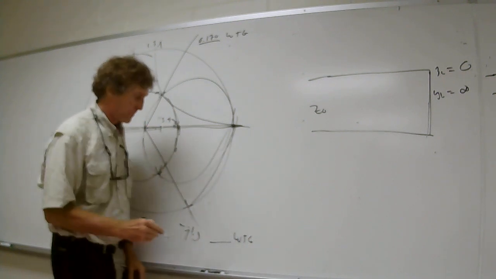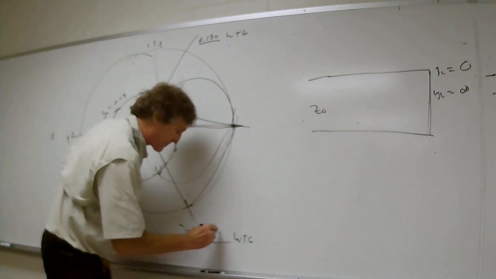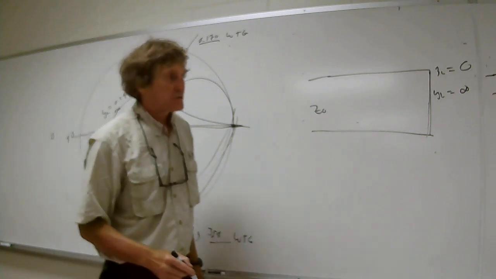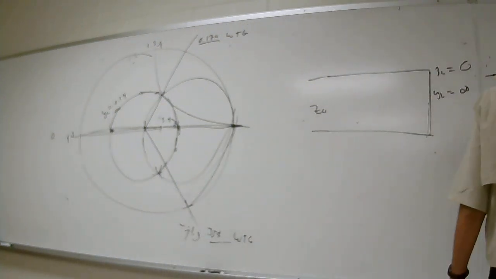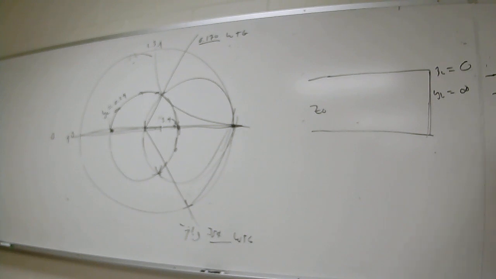That's 0.354? Yes. So that means this stub length is equal to 0.354 minus 0.25 wavelengths, and what's that? That's 0.104. 0.04, isn't it?